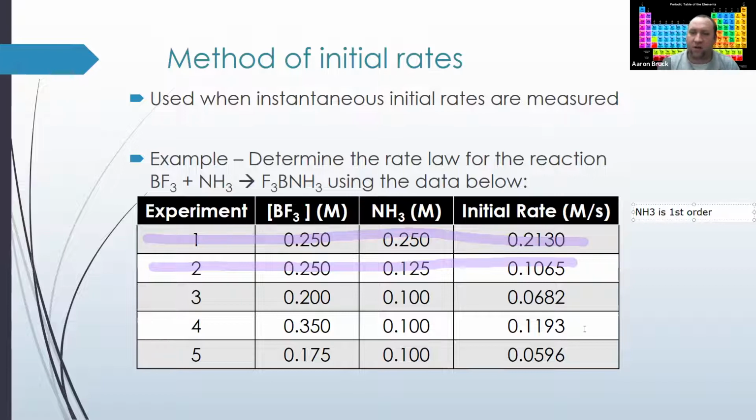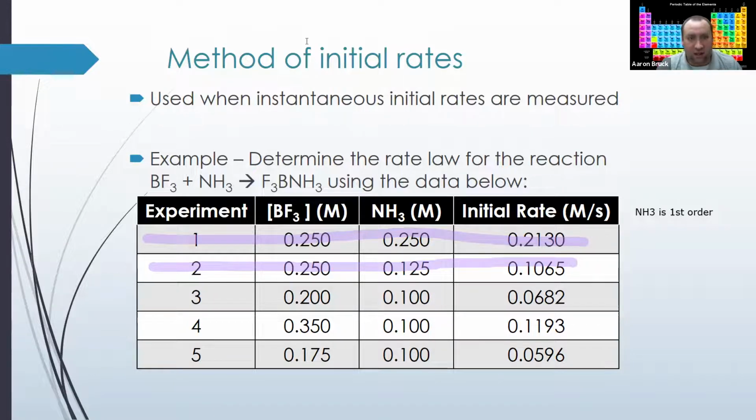Why is it first order? Well, when everything else was held constant and I cut the ammonia concentration down, the rate was cut down by the exact same factor. And that linear relationship is evidence of a first order relationship.